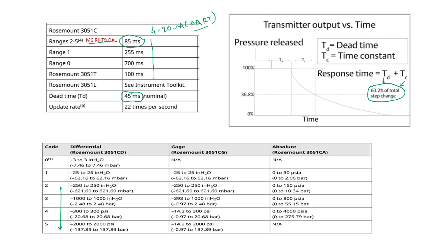So for ranges 2 to 5, this transmitter can be used as per API 670. Another important thing is the update rate, which is 22 times per second. And our requirement, as we have seen in our slide, is 20 times per second. So this transmitter can be easily used for this purpose.